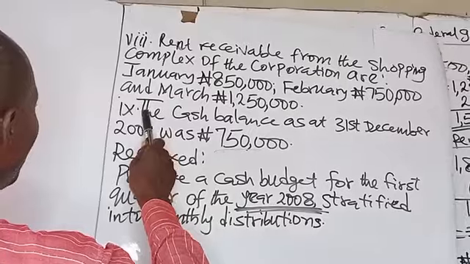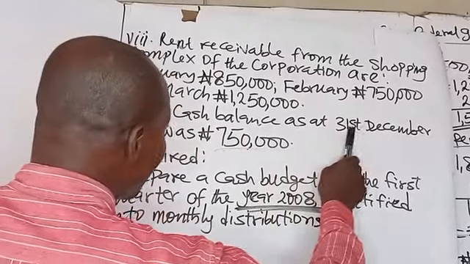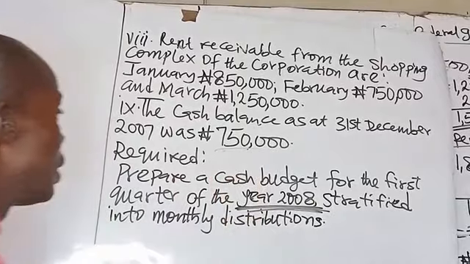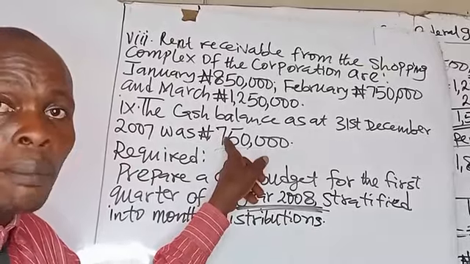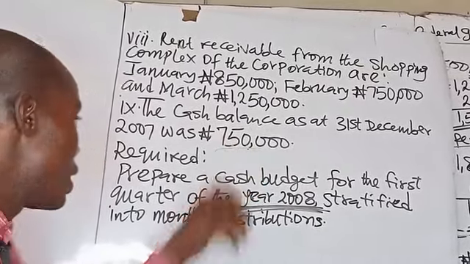In note 9, we were told that the cash balance as at 31st December 2007 was 750,000. This is the closing balance in December 2007, which will be the opening balance in January 2008.